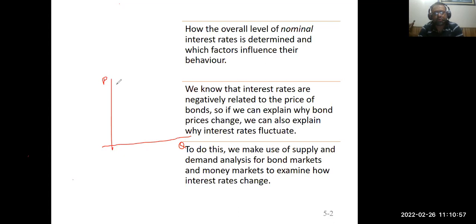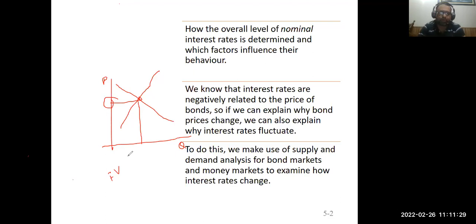So if you know the demand of the bond, which we are assuming so far is a downward sloping curve, and the supply of the bond, which so far we are assuming is an upward sloping curve, we can always determine at what point this price will be determined. And if you know this price, you can compare it with the face value. The difference between the price and the face value divided by the price of that particular bond determines the interest rate. So interest rate discovery is important.